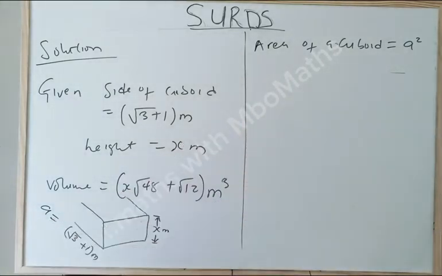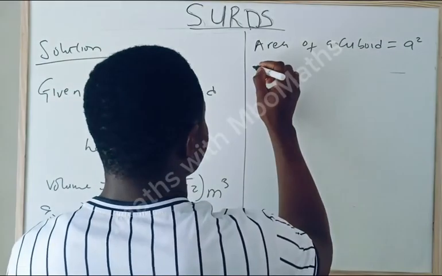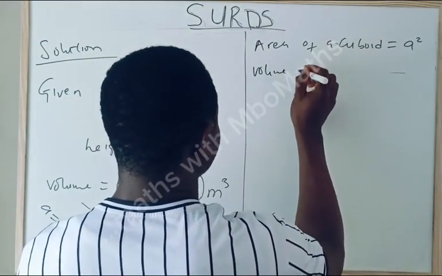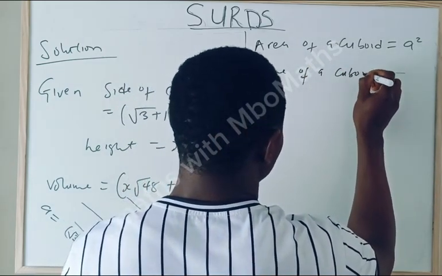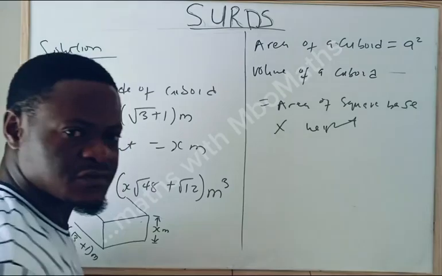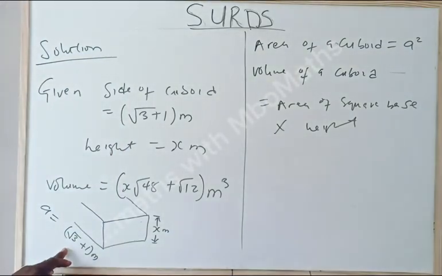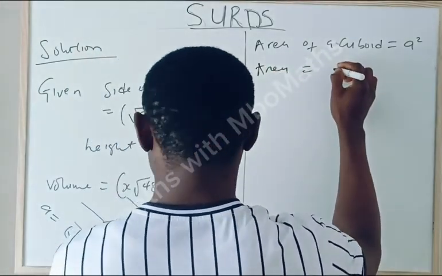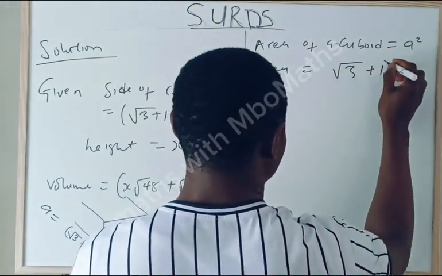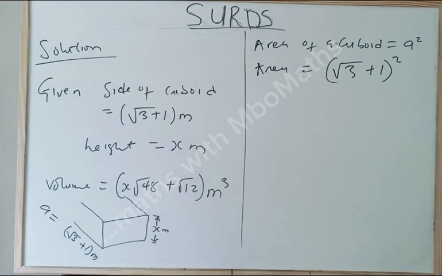So if we apply our formula, remember that the volume of a cuboid is equal to the base area times the height. So that means this thing squared. The area of the base is root 3 plus 1 all squared. Now let's go to our volume.